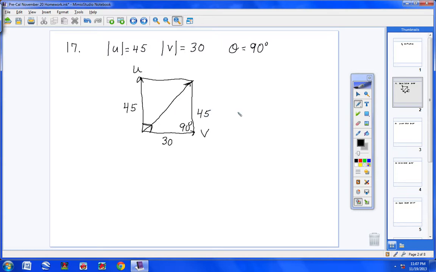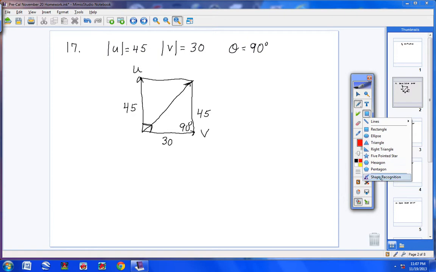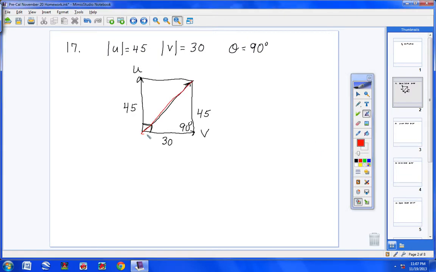So using law of cosines, let me get out my red pen here very quickly, and we can find, let me trace over this triangle. There we go. We can find this missing side right here, I'll call it x. If this is 30 and this is 90, and this is 45, I can find x by using the law of cosines.